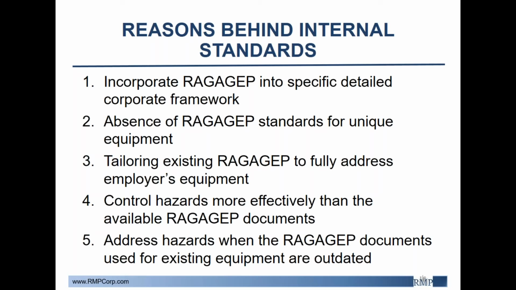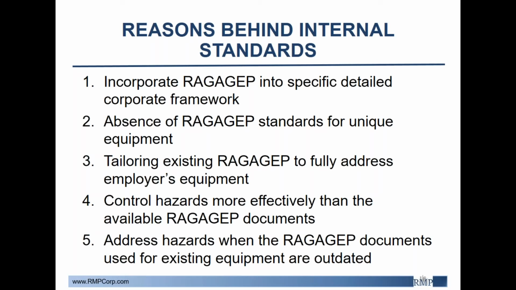Number 4, controlling hazards more effectively than the available codes and consensus and or non-consensus documents when deemed necessary by the employer's PSM program. So again, as we mentioned earlier, RAGAGEP does modify based off of operating experience, site-specific conditions.